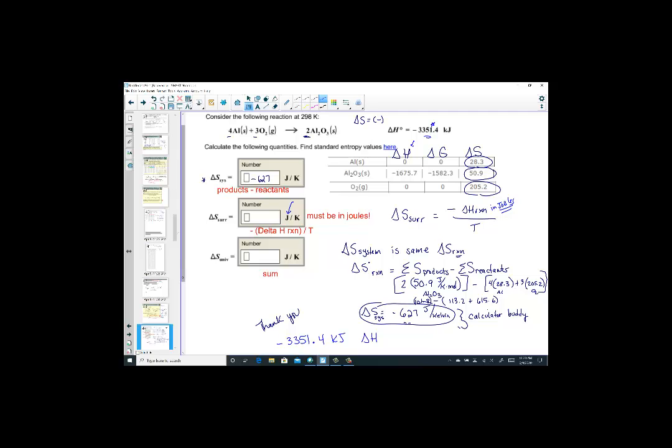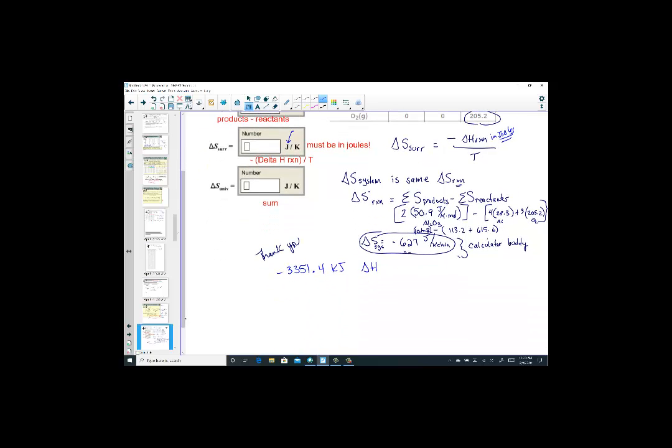All right. So what does that look like when we actually use it in our formula? Delta S of the surroundings will be calculated by taking negative of negative 3351.4 kJ per mole.